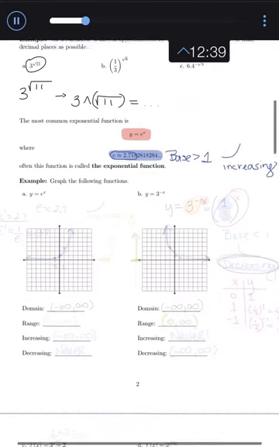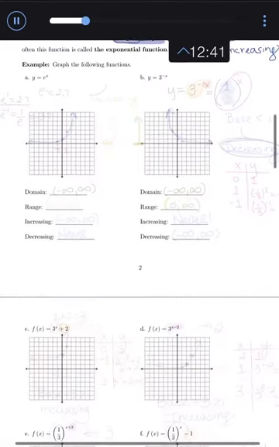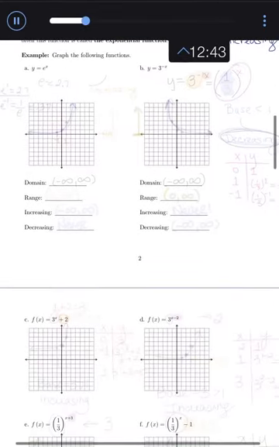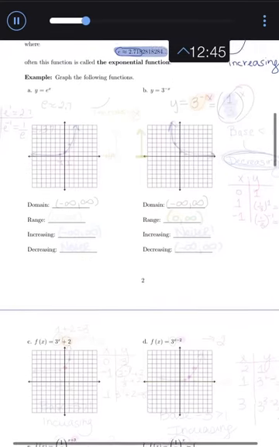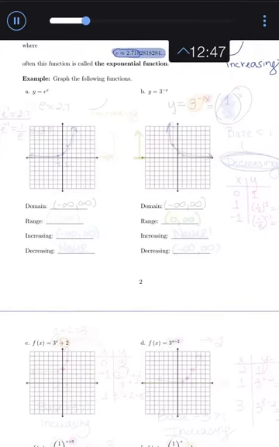So let's look at an example of a couple of functions that are exponential graphs, and let's graph those. Let's look at problem A. Let's look at how to graph y equals e to the x. Well, because e is about 2.7 something, we know that it's bigger than 1. It means that it will have the increasing graph.